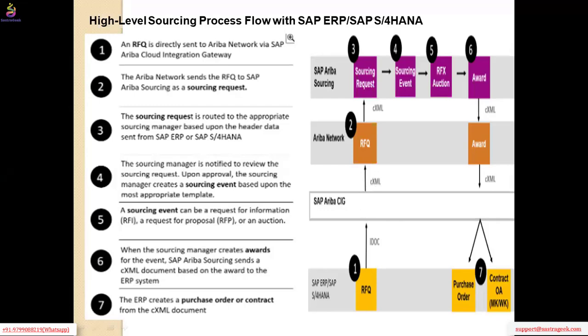SAP has a different language and Ariba has a different language, so this CIG portal basically acts as the translator. It translates the SAP language into the language Ariba accepts. In the same way, when information arrives from the Ariba side, it translates it into the SAP language. So it is acting as a translator both ways.